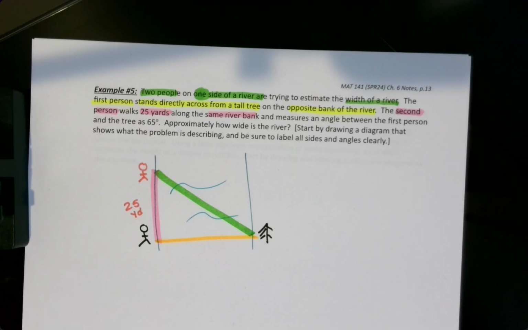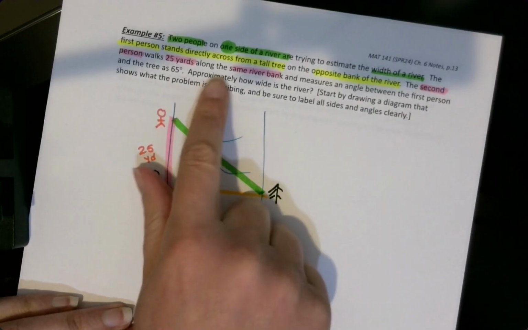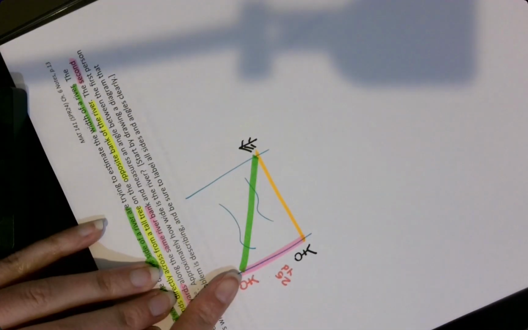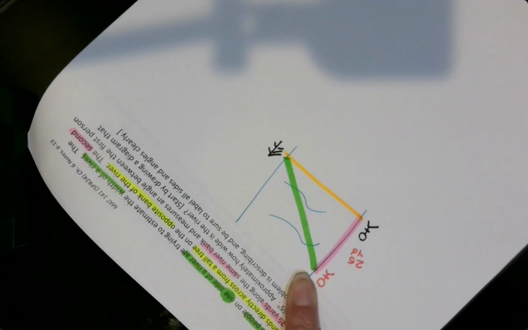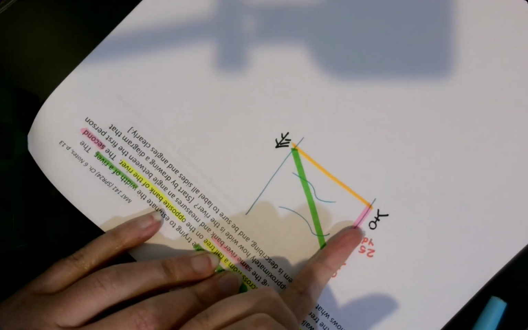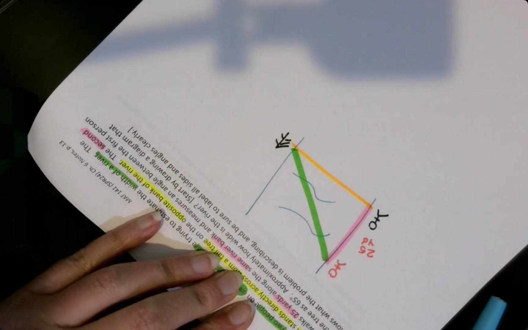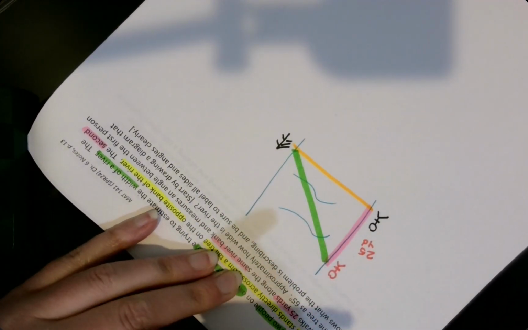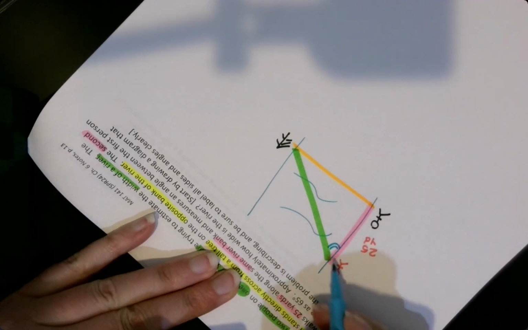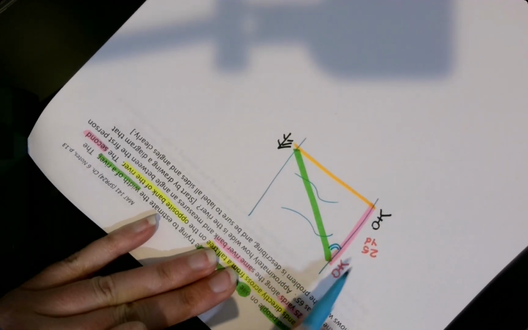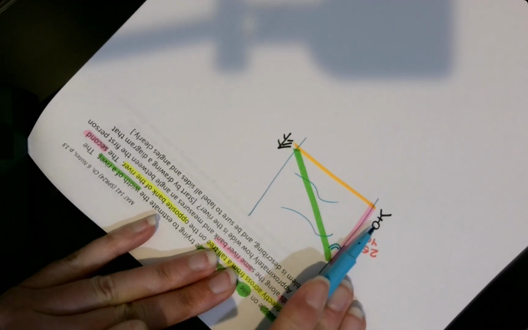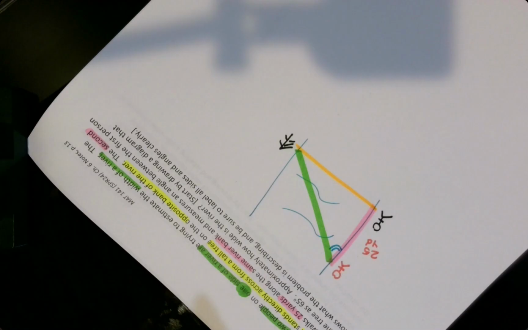All right, so when the second person starts to measure the angle, from their perspective, we're looking at it in this orientation, and they're going to measure the angle from person 1 to the tree. So the angle that they're measuring is going to be this angle. This is the angle that they have perspective on, right? They are here, and they're measuring the angle as they see it between the first person and the tree. So that's the arc they're able to observe.